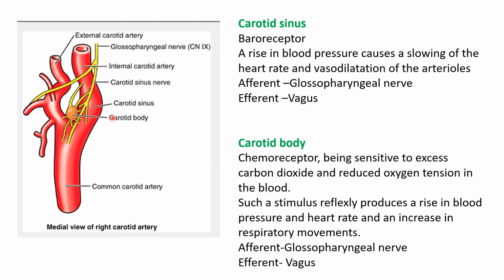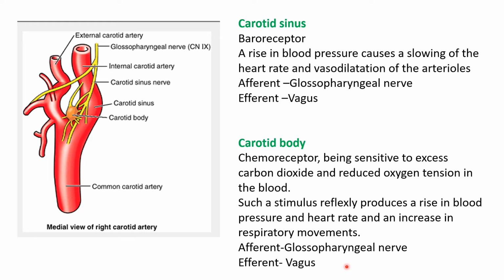A decrease in the oxygen concentration would bring about reflex changes in the rate of respiration. It would bring about a change in the blood pressure as well as the heart rate, which is mediated by the glossopharyngeal and the vagus nerve again.